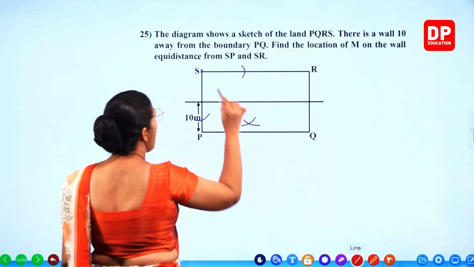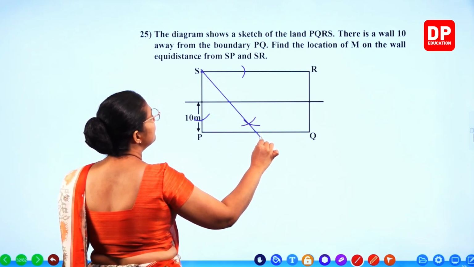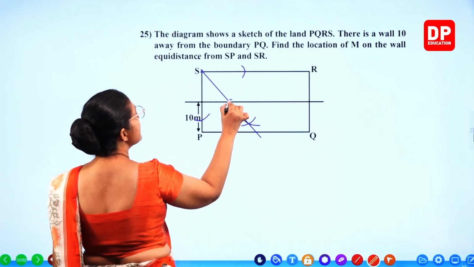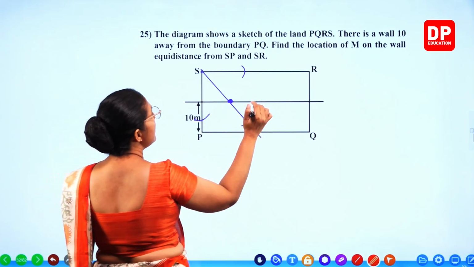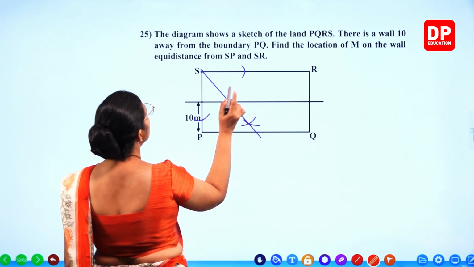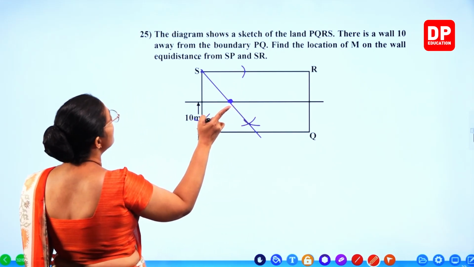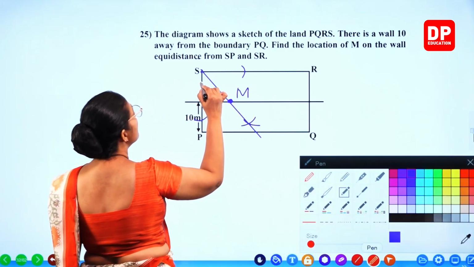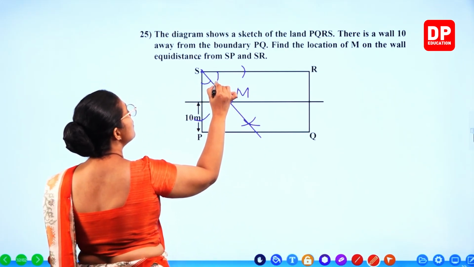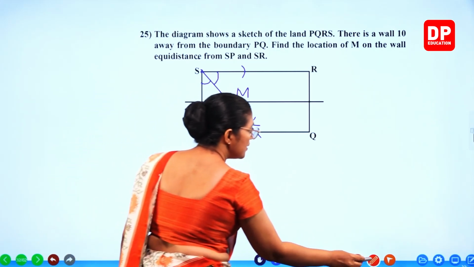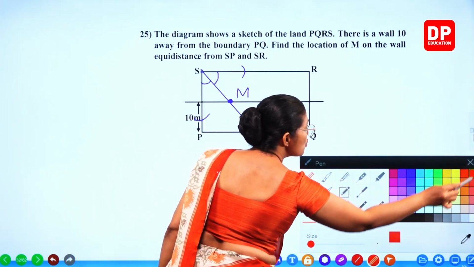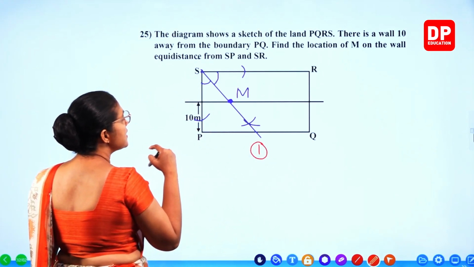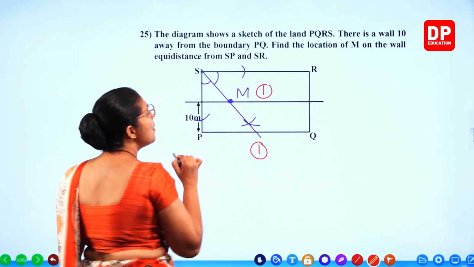After you get the angle bisector, the intersecting point of the angle bisector and this line is the point M. So you can mark this angle equal to this angle. You get 2 marks, 1 for showing the angle bisector and 1 for marking the point M.